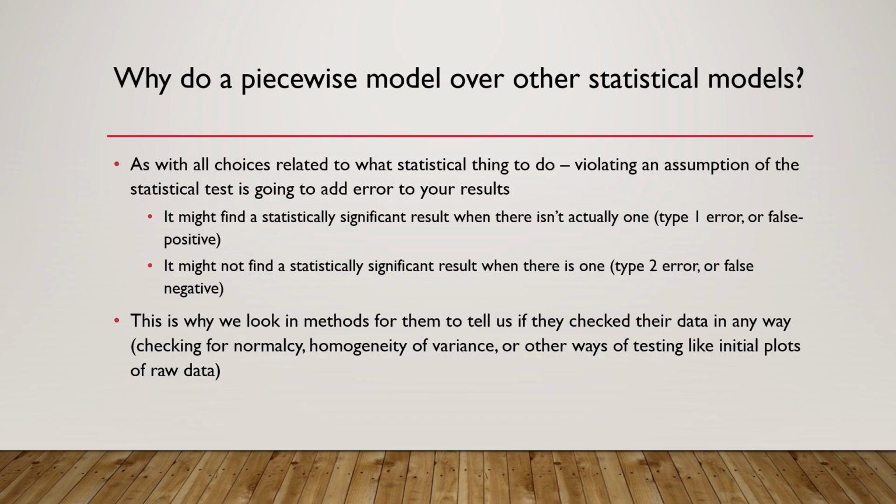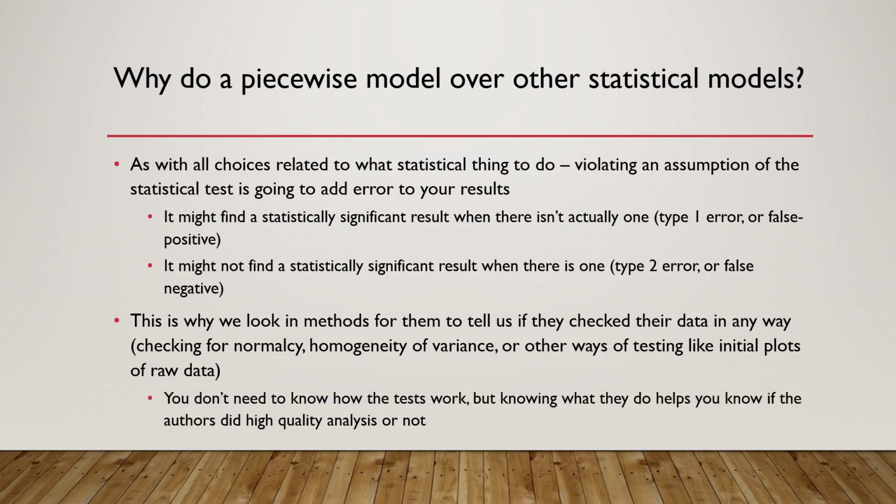They can also just plot their data to show you what it looks like as well, though ideally they are doing statistical tests to test the behaviors of their data. Because we like numbers. If we're using numbers, we want to have the numbers, but we can also look at it visually as well. Now, you don't really need to know how those tests work, but it's rather knowing what the researchers are using them for so that you know if the researchers did a high quality analysis or not.